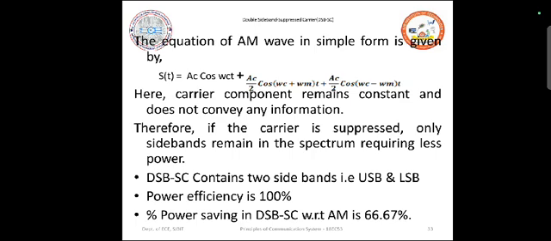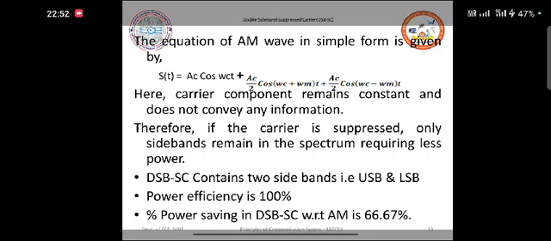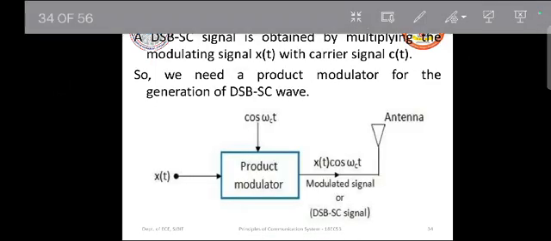But if you try to see the total average power, the carrier component basically consumes more power compared to the other two components. If you try to find the average power, if you take the first term as it is, what is the total power consumed by it?